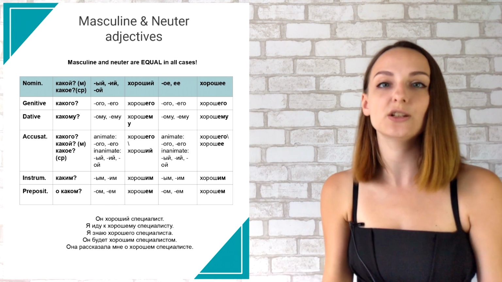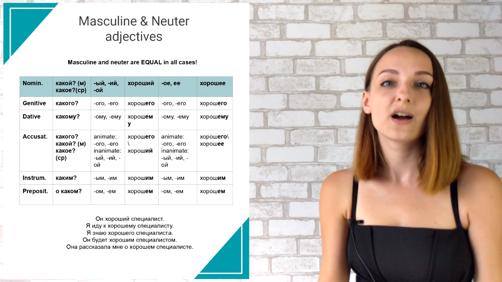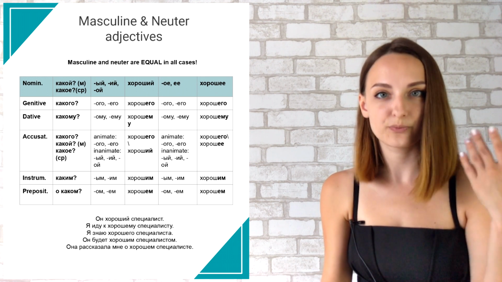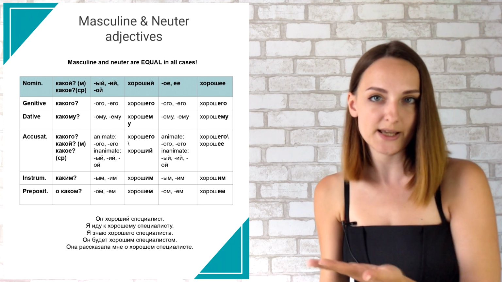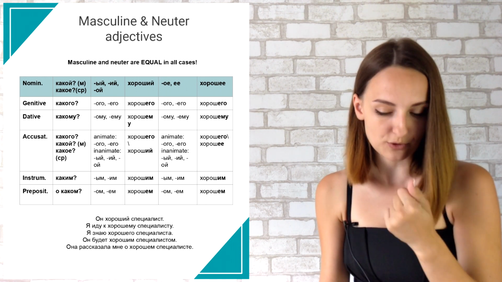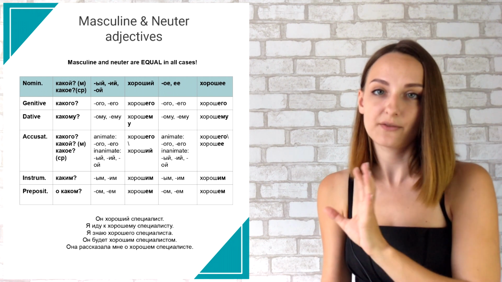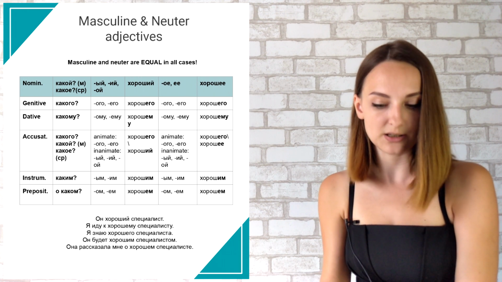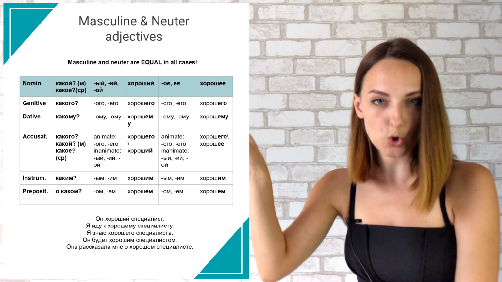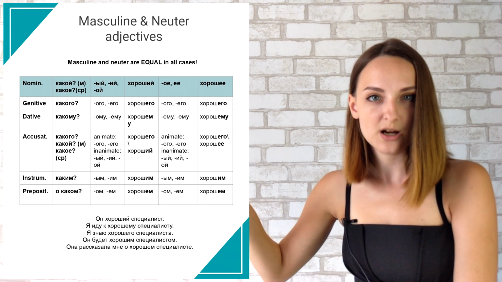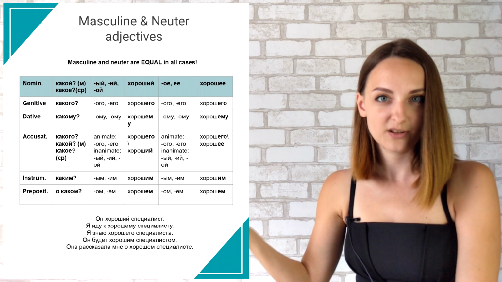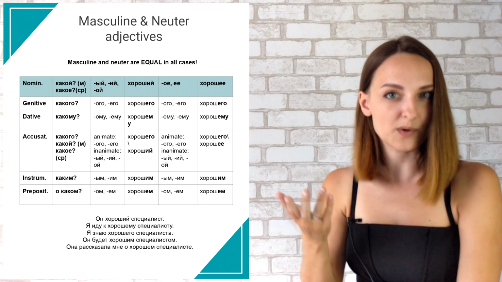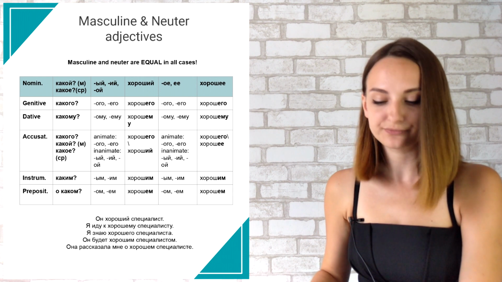As you can see in your table, we have the adjective хороший, masculine form, and хорошее, neuter form, right? In nominative case, they have different endings, but in genitive, they have the same ending. Его, да, его. Хорошего, хорошего. Doesn't matter, is it masculine or neuter, right?